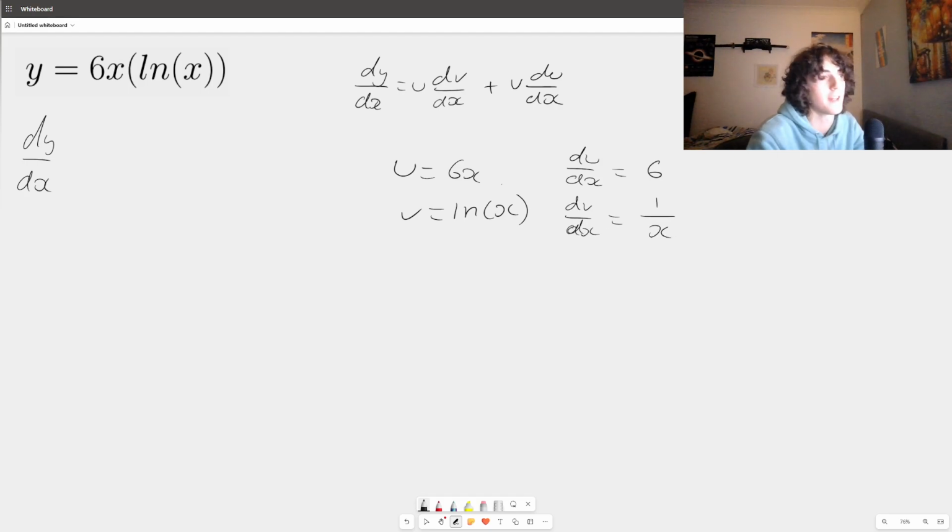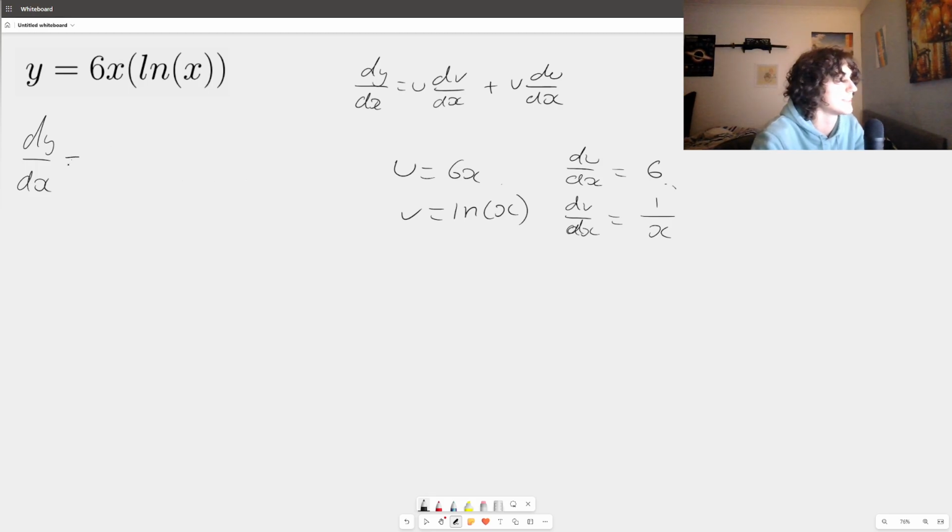If you did not know that, I've got that from differentiating what is inside of the ln term and simply placing it on top of the fraction and putting x on the bottom. This is not some weird derivative fraction, this is just a normal fraction. You could write it as x to the power of minus 1, but yeah, that is the derivative of ln of x.